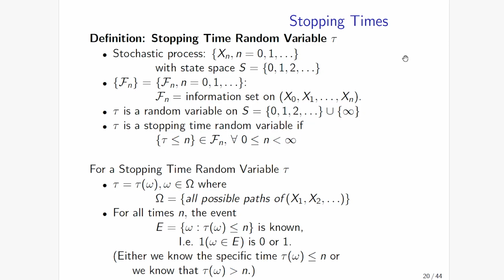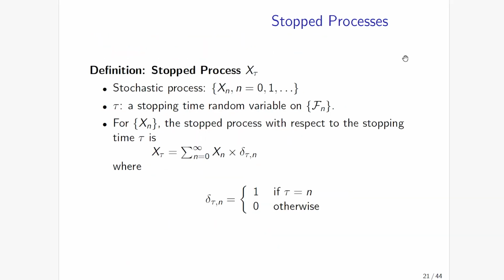This event is known to either have occurred or not to have occurred. So the indicator of the path being in this set E is either 0 or 1, and we can work with this random variable, the indicator of whether the stopping time has occurred or not.